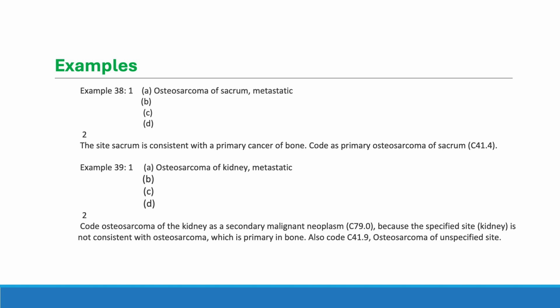Conversely, example 39 demonstrates that osteosarcoma of the kidney is coded as secondary malignant neoplasm, C79.0, and osteosarcoma of unspecified site, C41.9, as the kidney is not a typical primary site for osteosarcoma.